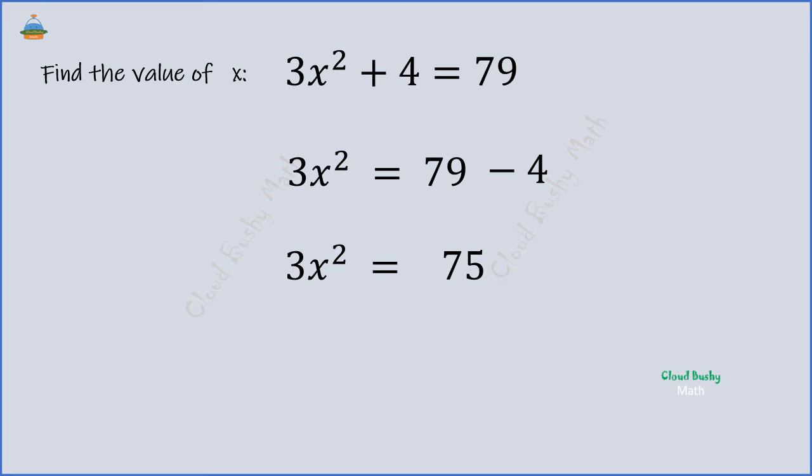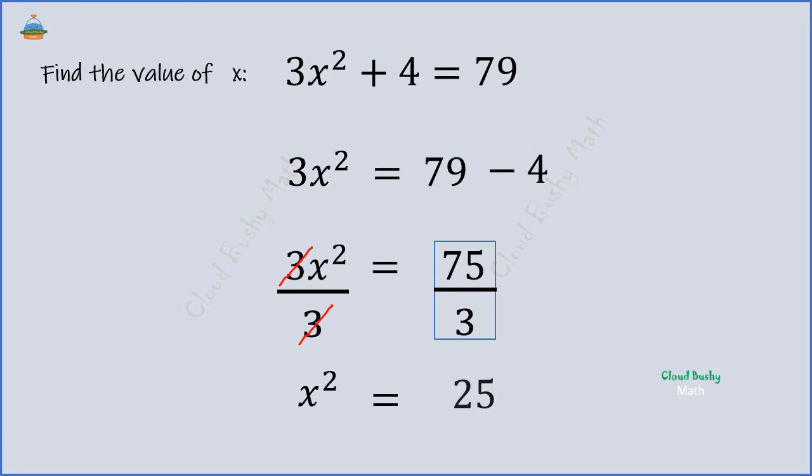The next step, we want to remove this 3, that is multiplying x squared. So we divide both sides by 3. 3 divided by 3, we remain with x squared is equal to 75 divided by 3. That is 25. Now we can find the square root on both sides of the equation.